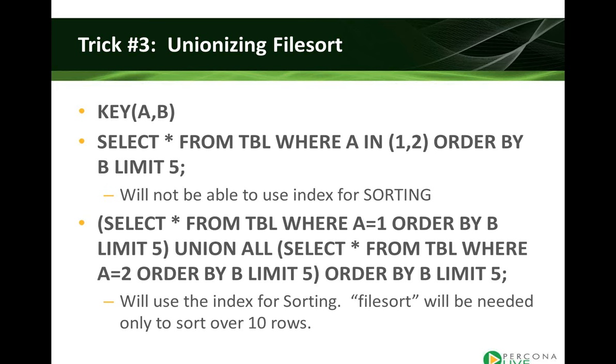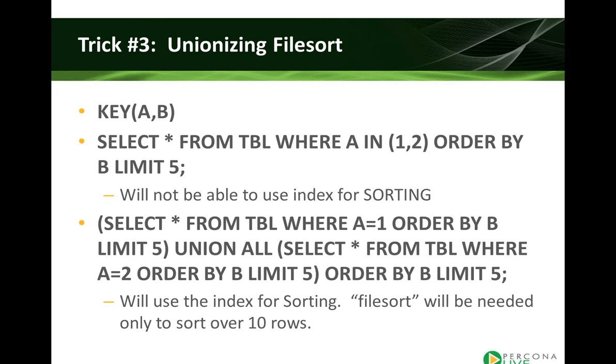The frequent trick number 3 is unionizing filesort. And as we spoke before, sorting by the index can be very restricted. So very frequently you have a query where you have to have an IN clause on a column while sorted by something, and that blocks our ability to use the index for sorting.